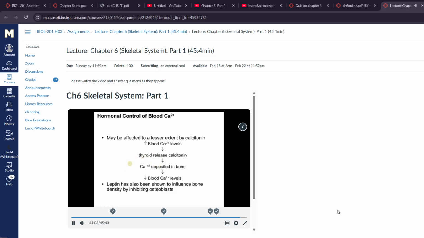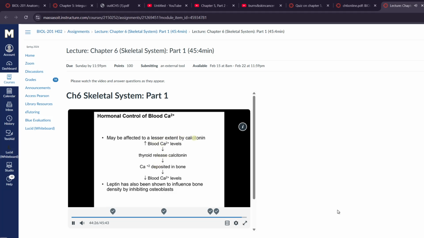So it goes from the blood to the bone, and then the blood calcium levels go down. What kind of a feedback mechanism is this? In the beginning, the blood calcium levels are going up, up, up, and at the end of this, they're going down. Well, if you said negative feedback, you would be correct. Remember, negative feedback prevents change in the same direction.